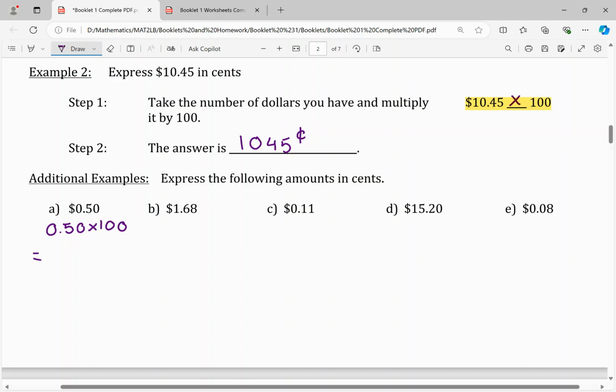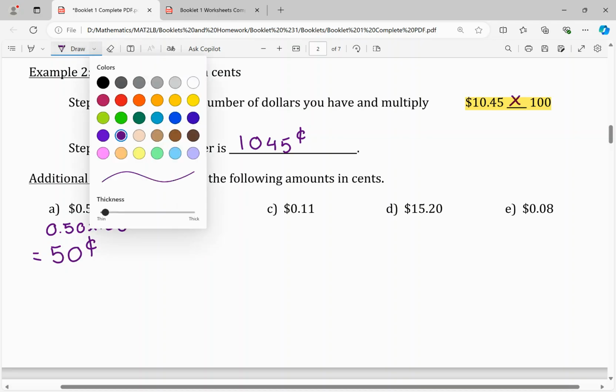Now, finishing off example A, 0.50 times 100 will give me 50. And we're not going to use the dollar sign, we're going to use the cents sign. So this is 50 cents.